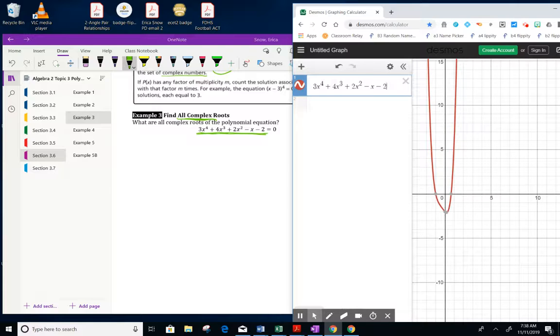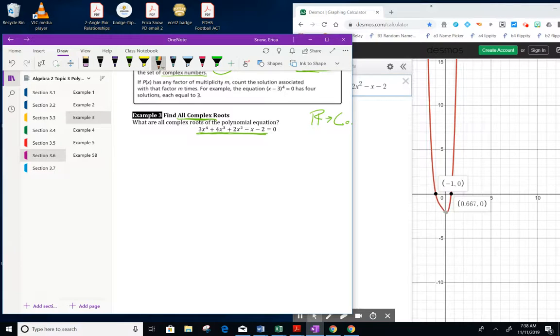Okay, so there's our graph. We have a real root at -1 and a real root at 2/3. And if you're confused about the decimals, like if you get a decimal and you don't know what it is, you always go back to the rational root theorem that says p is 2. So our p's are plus or minus 1 and plus or minus 2.